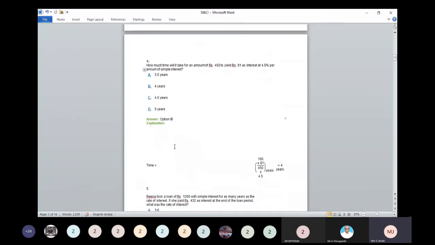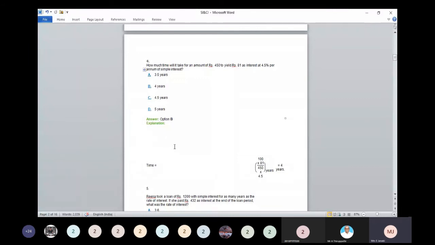See the fourth one. How much time will it take for an amount of rupees 4,450 to yield rupees 81 as interest, if the rate of interest is 4.5% per annum of simple interest? From this you have to calculate the time.